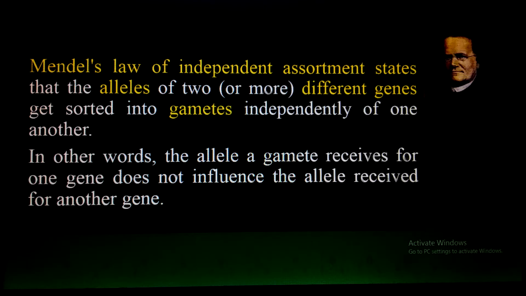Is it clear? During gamete formation, the alleles of two different genes for two different characters get sorted into gametes independently. In other words, the allele a gamete receives for one gene does not influence the allele received for another gene. Is it clear? Okay.